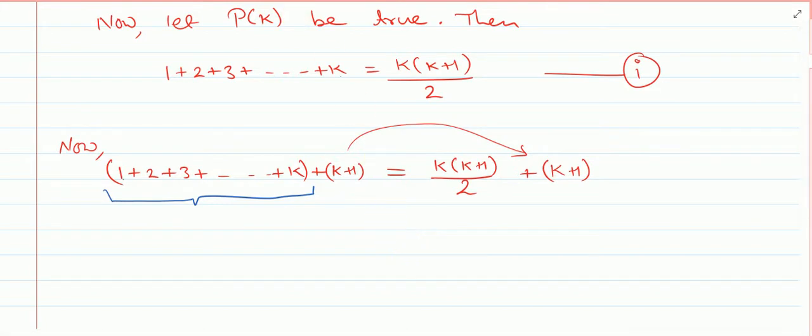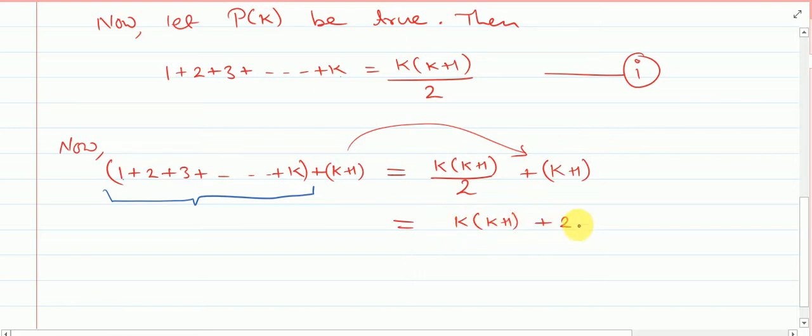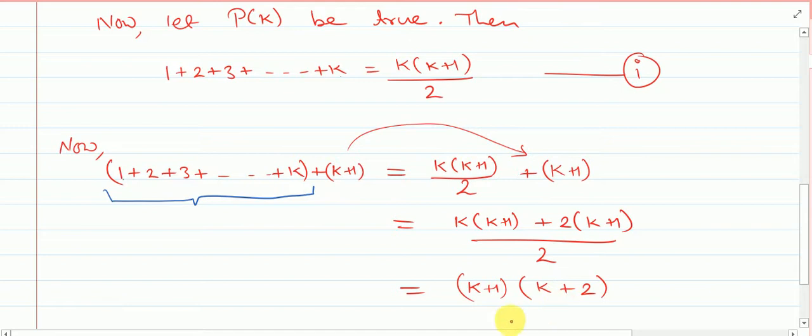Now see, I can take LCM. In the numerator you will have k plus 1 common, so take this out. You are left with k plus 2 upon this.